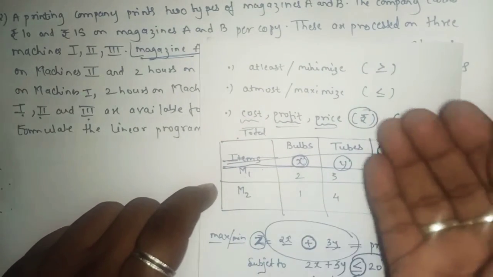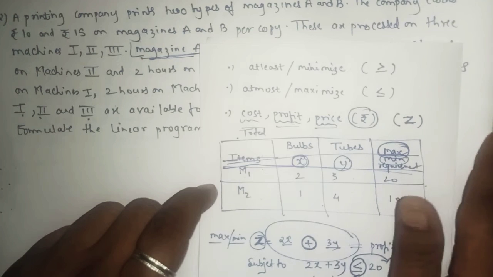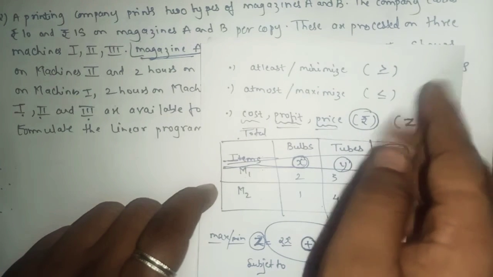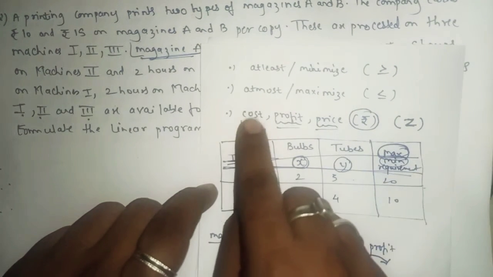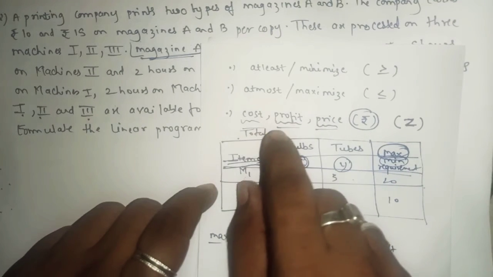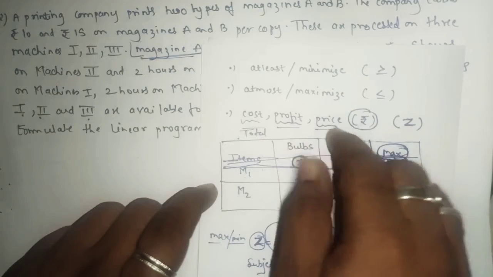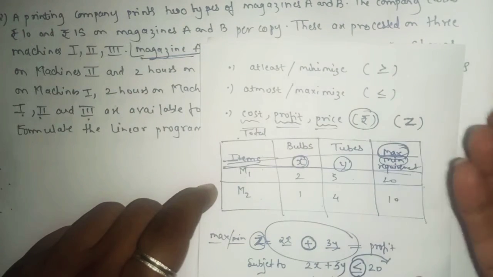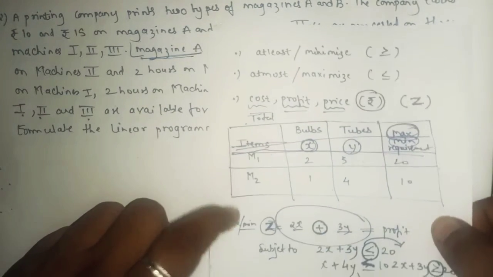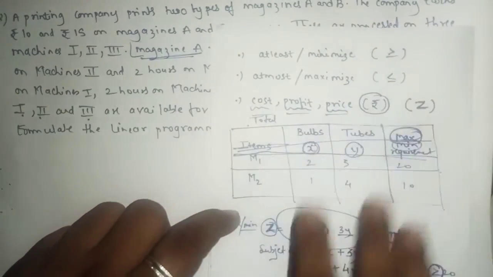So remember, whenever rupees is not mentioned in the question, see to it that in that particular sentence the word cost, profit or price will be there. And we know that the cost, profit and price unit is in rupees only. So you have to understand this word.